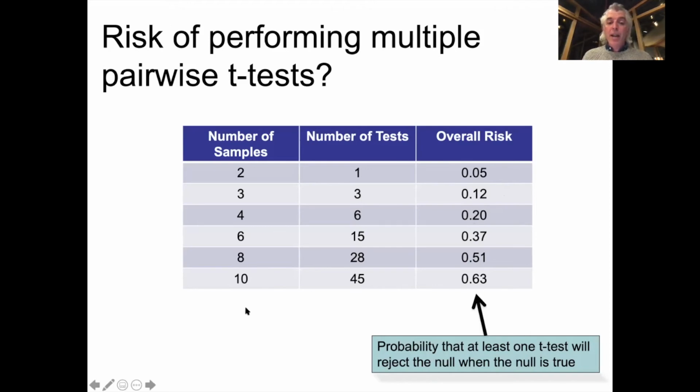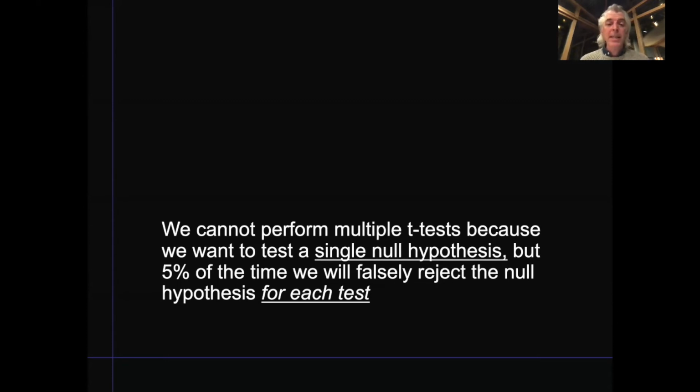And we can see that if we get up to 10 samples with 45 different tests, now we can see that there's a 63% chance that we're going to falsely reject the null hypothesis in one of those tests and conclude that those means aren't equal to one another, even when they are. So we can't perform multiple t-tests then because we want to test a single null hypothesis.